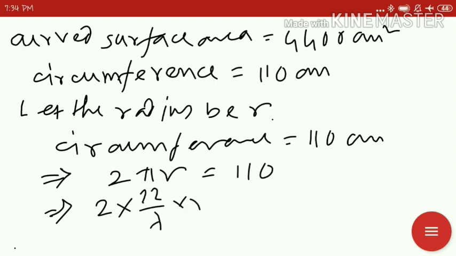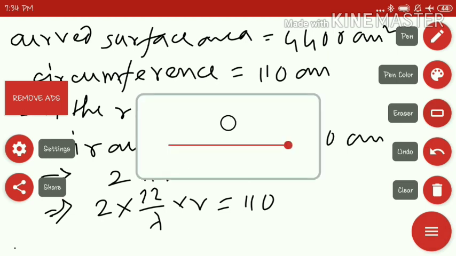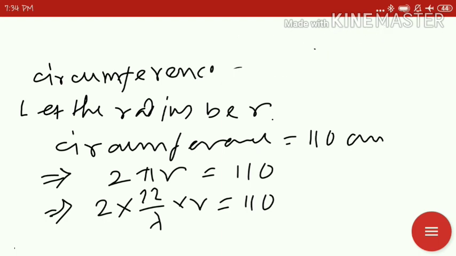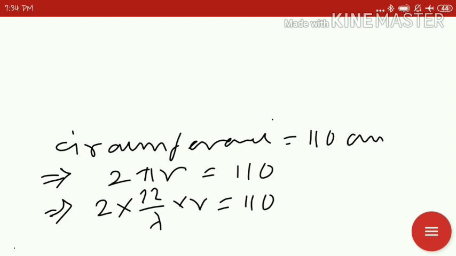22 by 7 into r equals 110. Now if we calculate and simplify it, taking the numbers on the left side to the right side, you will get the value of r as r equals 35 by 2 centimeter.